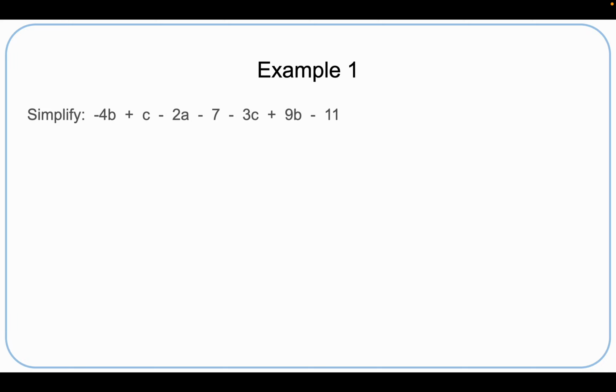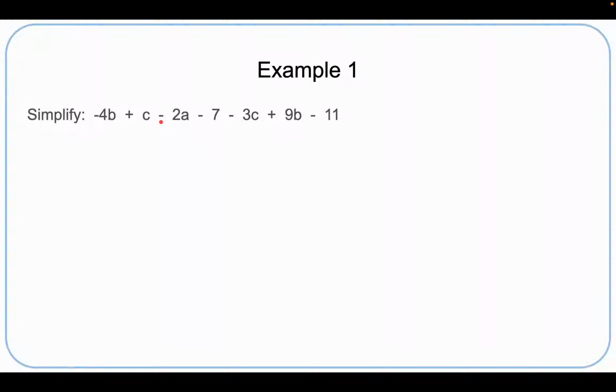So here's an example. We have 1, 2, 3, 4, 5, 6, 7 terms in this expression, and we can only combine like terms. I'm going to start with putting these variables in order. So we have A, B, and C in this case, and then we have constants. The way that you would normally write this is start with the first letter, alphabetically.